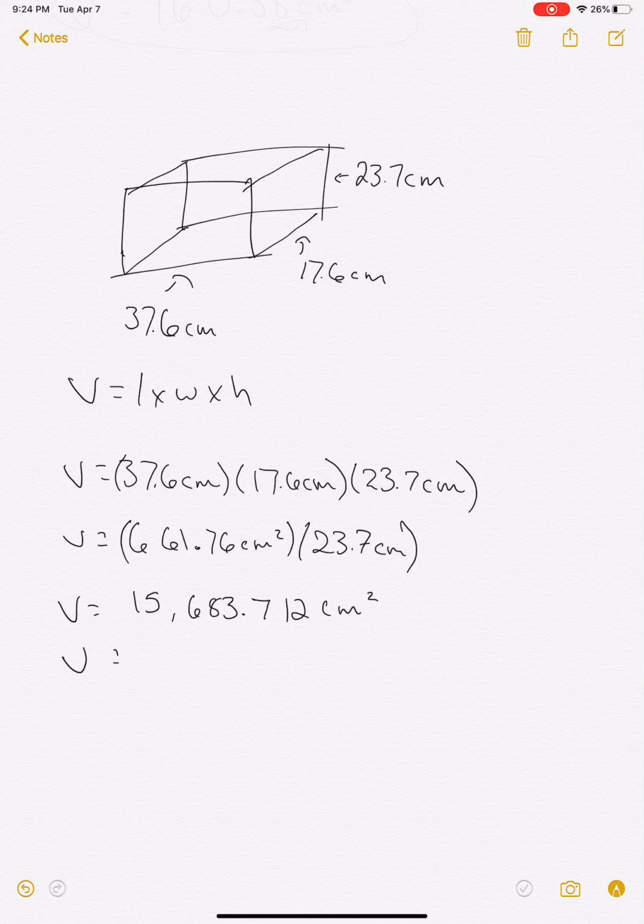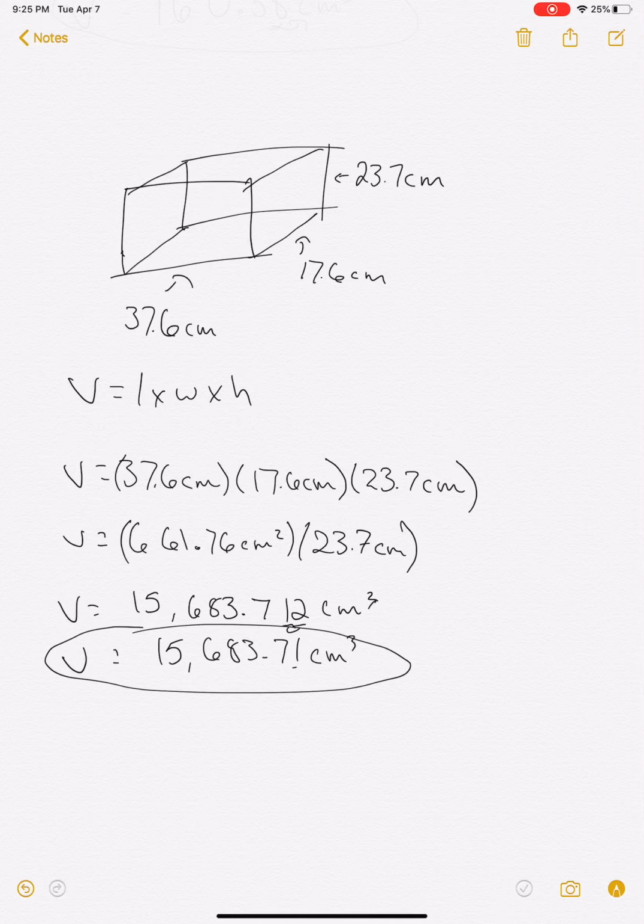Then we're going to round. It will stay at 1, so then we have our centimeters cubed. So the answer for this one is 15,683.71 centimeters cubed.